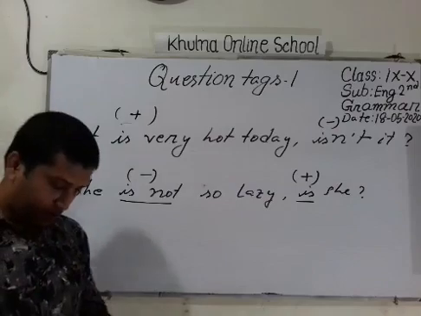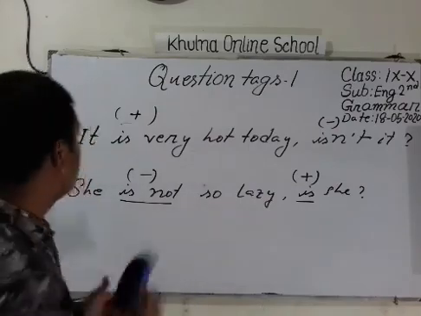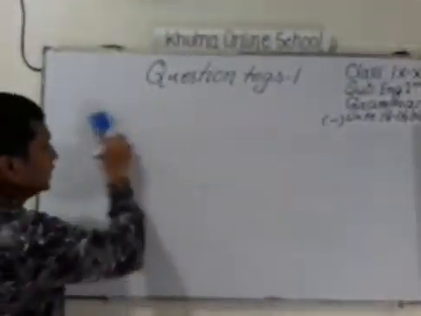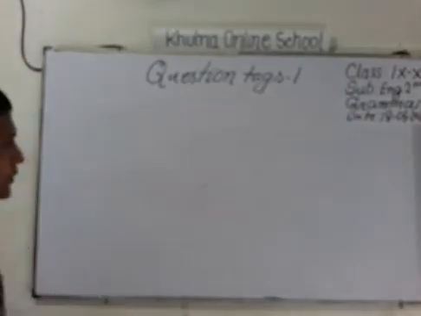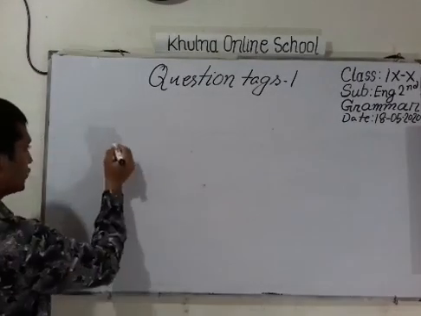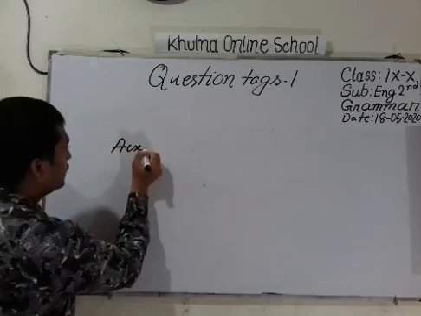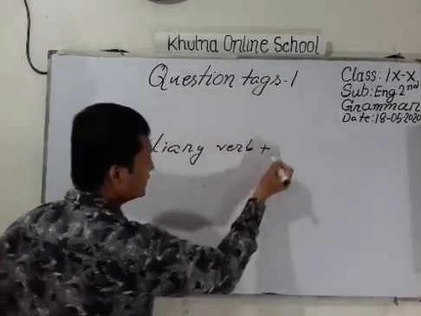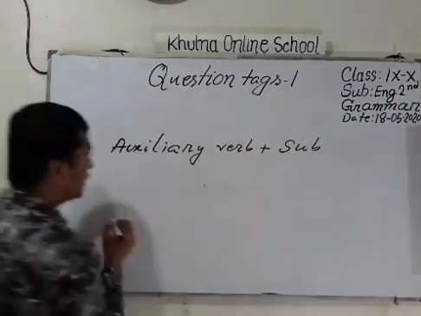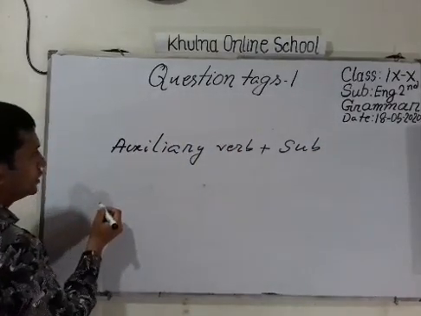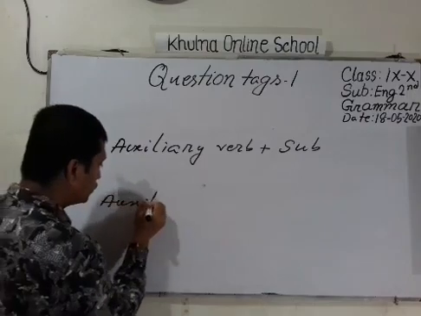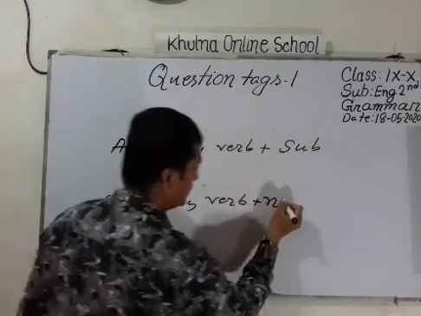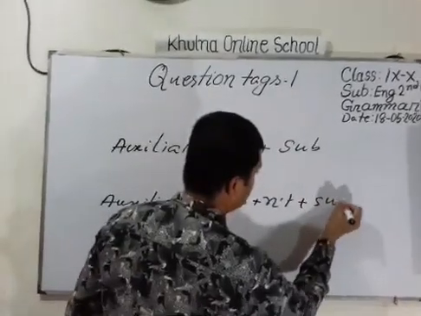So now this time I'm going to tell you another tip for you. This is also very important. Now I'm writing here its structure. Number one, auxiliary verb plus subject. And number two, auxiliary verb plus subject.